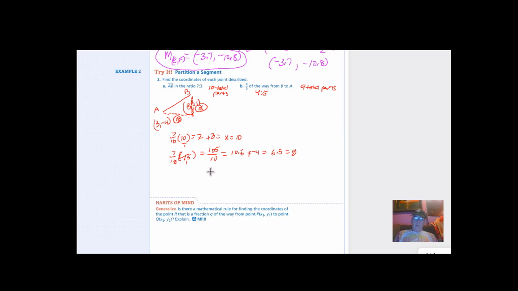So that's going to be our coordinates. Our coordinates are going to be at 10, 6.5. So a little bit tricky, but if you think it through, it's doable.